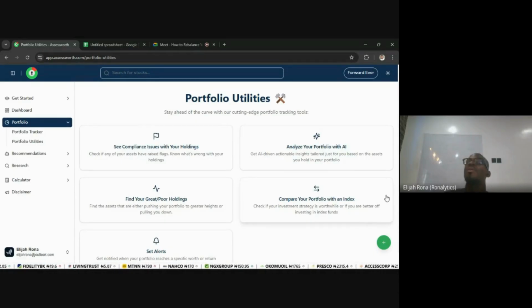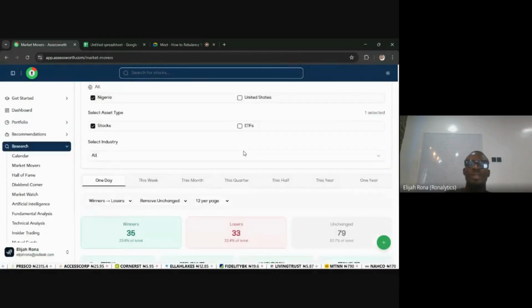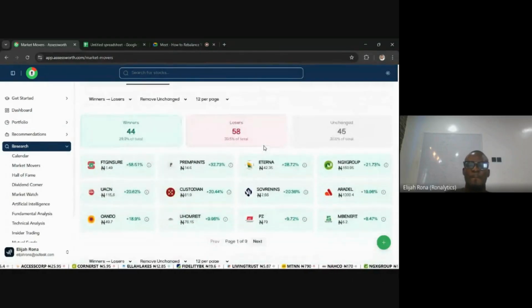Why? Because when you come into the market now, you see the likes of Aradel, Seplat. Let me research market movers, then I'll select this week.